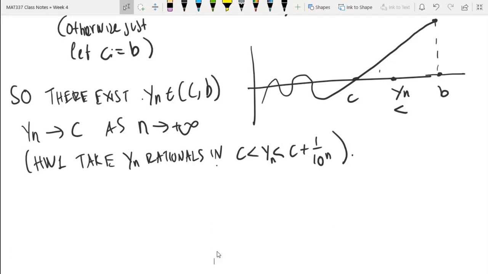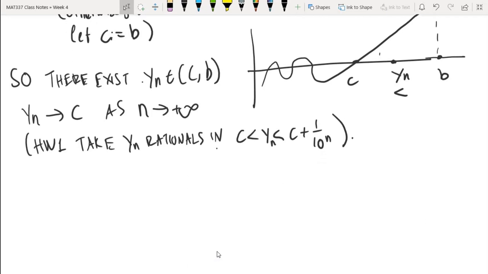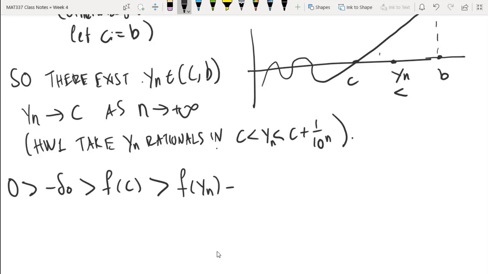All right. Fine. Good. So now let's see the contradiction. We start from the left now. By sequential continuity, again, we have f of yn minus delta naught over 2, for all n bigger than n delta naught over 2.